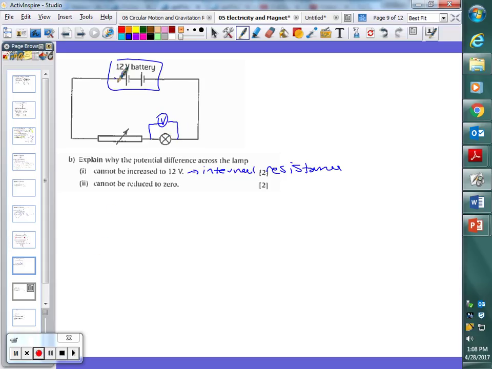But some of that energy is dissipated by moving the charges through the battery, the internal resistance of the cell. Also, are these wires completely resistance-free? They're not resistance-free either. So you can say internal resistance of the cell, or resistance of the wires.